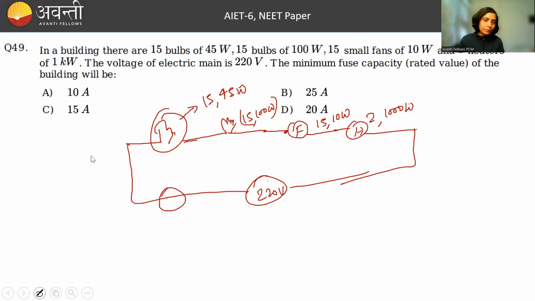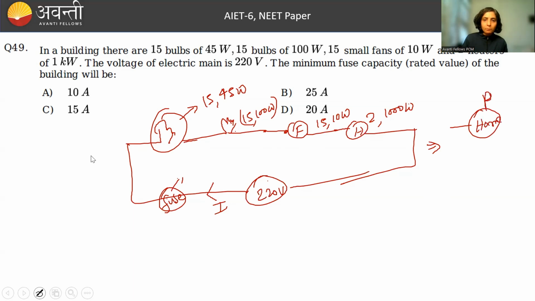So somewhere here a fuse will be fitted. What is the work of the fuse? If more than the required current is coming, it will melt and it will protect all these instruments, that is, fans and all. So the maximum current that it should deliver to the home should be what? That's the question. So for that we will see how much maximum power the home requires.